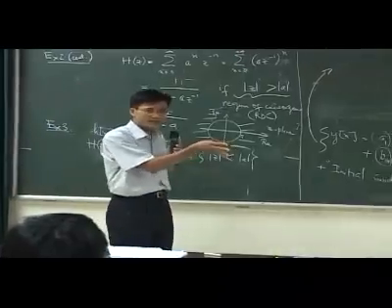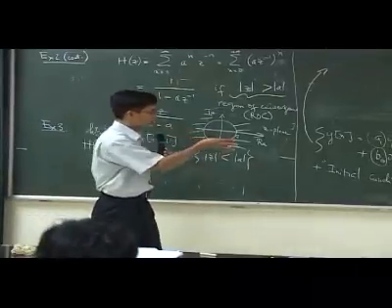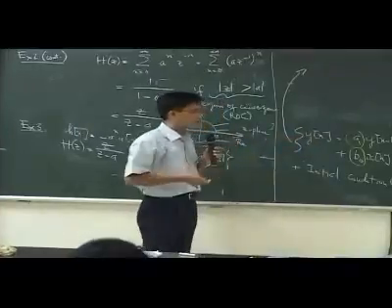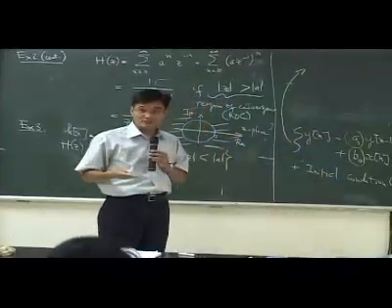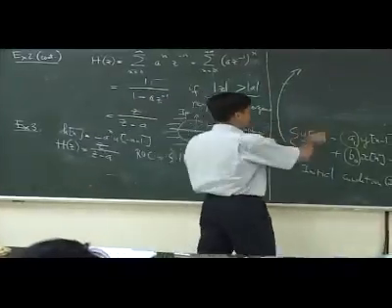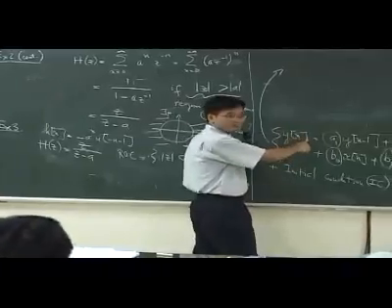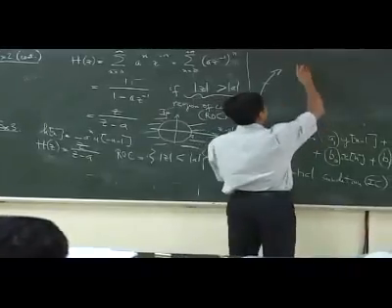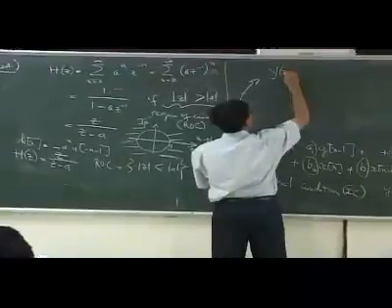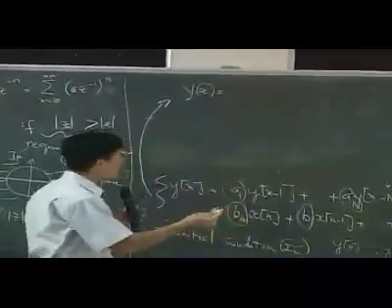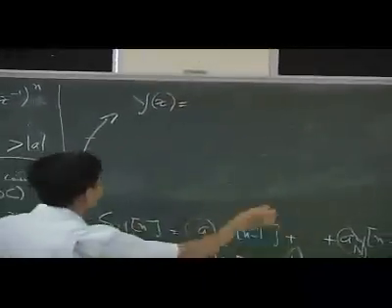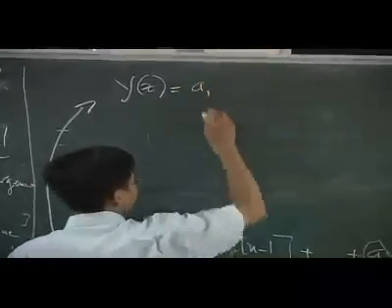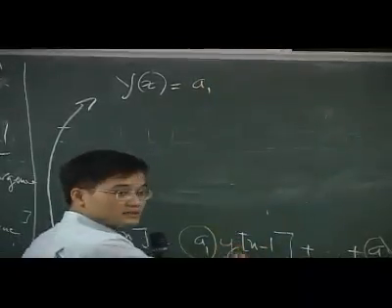Okay, so I'm using my trick now. Looking at this system, let's see what happens in the Z domain. What is the Z transform of this? Y(z), right? Not too difficult. And because the Z transform is linear, everything stays linear, so it becomes a1 times... And what is the Z transform of this?